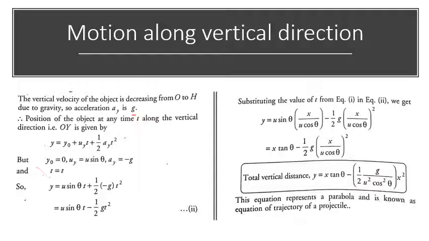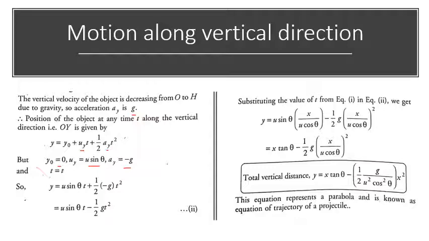Here we calculate the motion along the vertical direction, along the y axis. So this is your equation, students: y equals y naught plus uyt plus half ay t squared. As I told you, y naught, the initial position, is 0, uy is u sin theta, and ay is minus g. Why? Gravity acts in the downward direction. You are throwing an object in projectile motion against the direction of gravity.